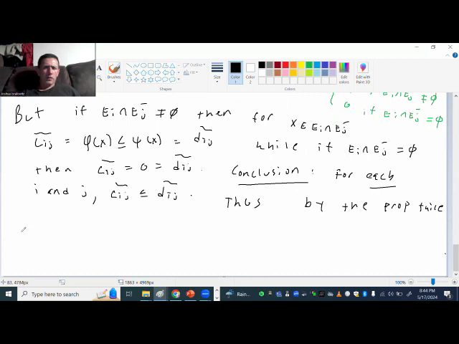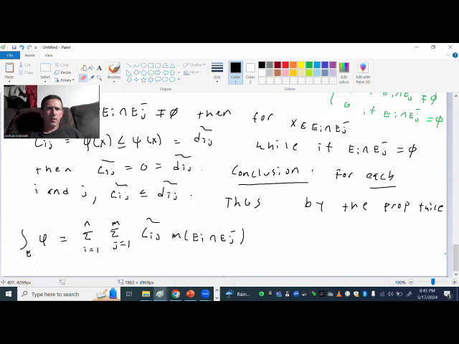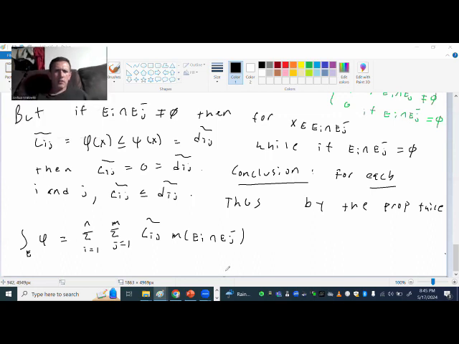Okay, so using the proposition, this is what the proposition says: sum i equals 1 to n of c_ij tilde. This is by the proposition.